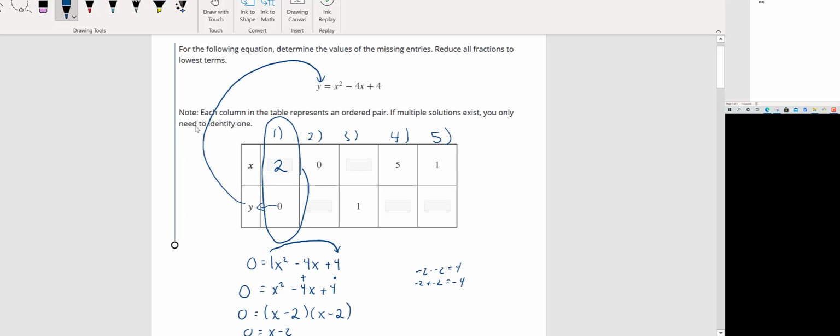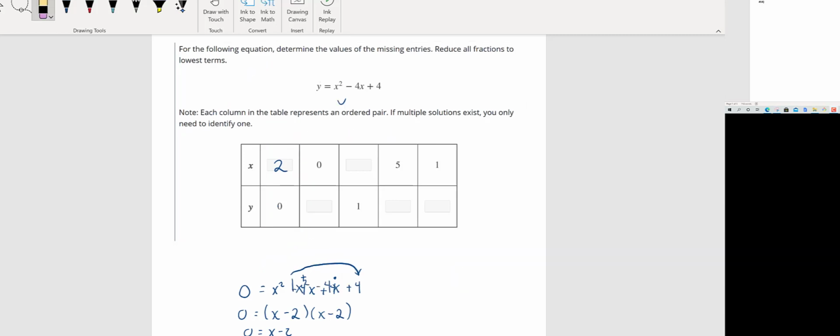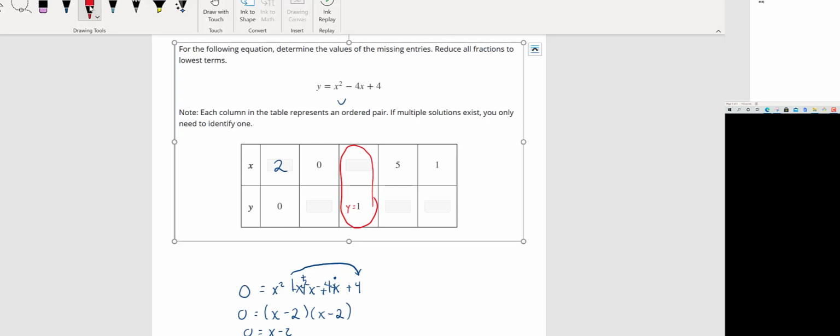Okay, so I'm going to clean this up just a little bit. And I'm going to jump ahead, and I'm going to do this middle column. This time they give us a y value of 1. So they want us to find what is x when y is 1.